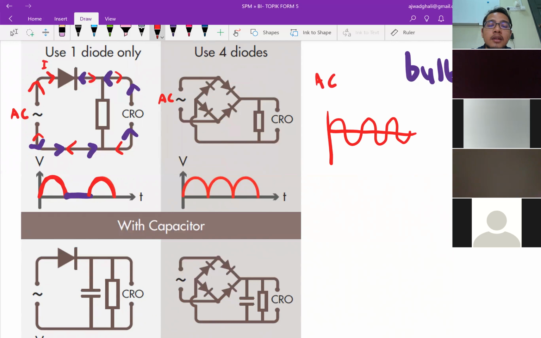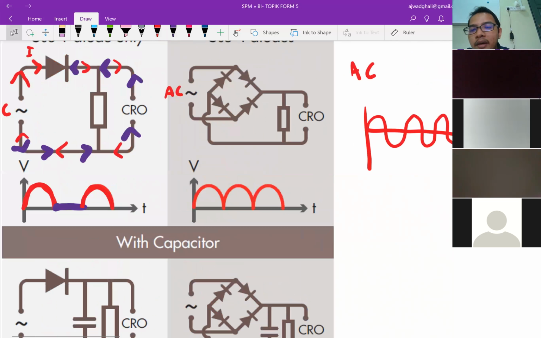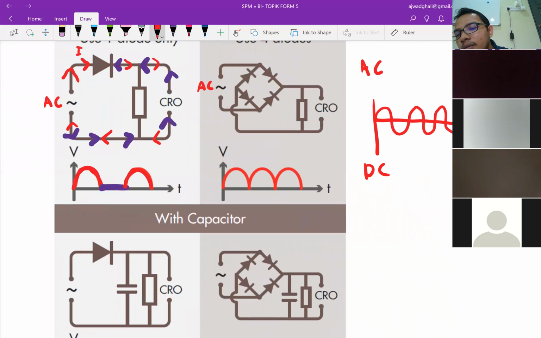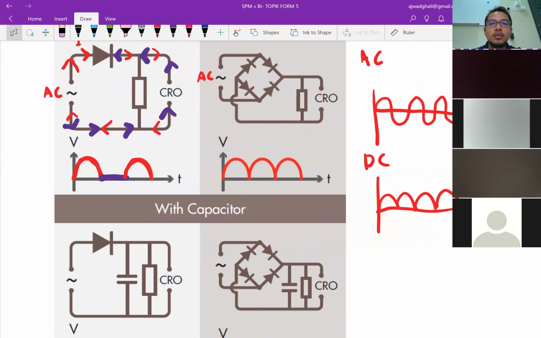Okay, the alternating current output is like that. And direct current from a generator, you have like this. Okay, referring back to the notes I gave you yesterday relating to induction, where we learned AC generator and DC generator. So this is the output for alternating current and direct current.